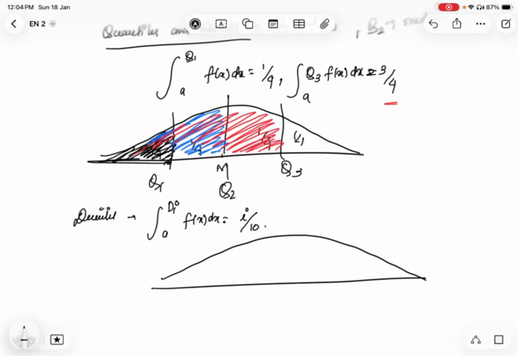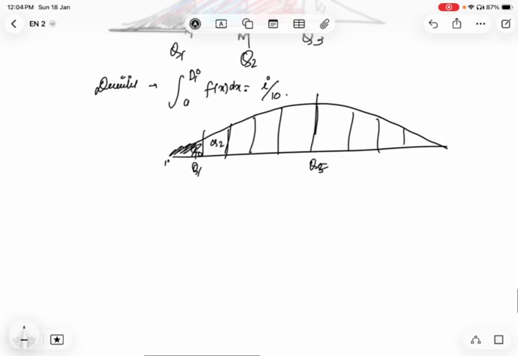So this is your data. It is your Q2. So this is the 1 by 10 part. So it divides the data into 10 equal parts. That is called decile. And then you have to calculate the mode. So mode is the most frequent value.